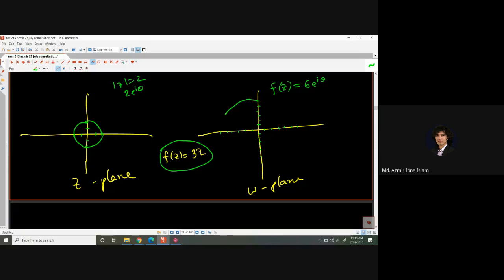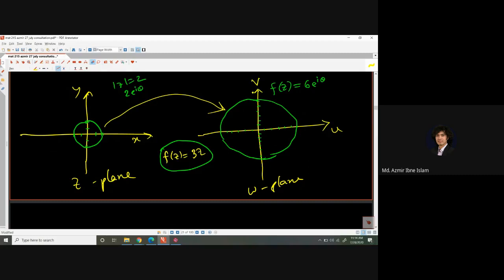Now we can draw this one. Whatever graph we had previously, we have this circle, and this circle is mapping to this one. This is our domain part and this is the range part. It is in the z plane, that is the x-axis, y-axis. Here we have the w plane, that is the u-axis, v-axis.